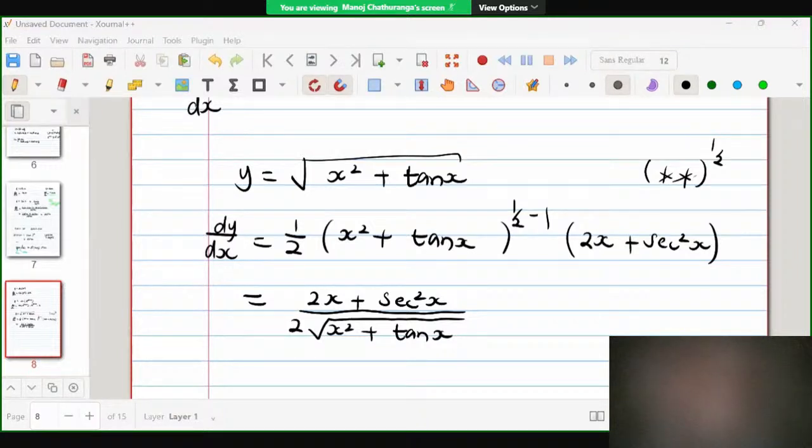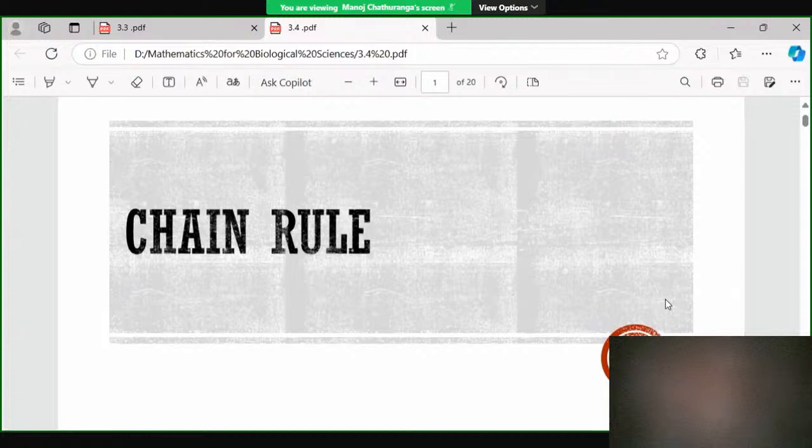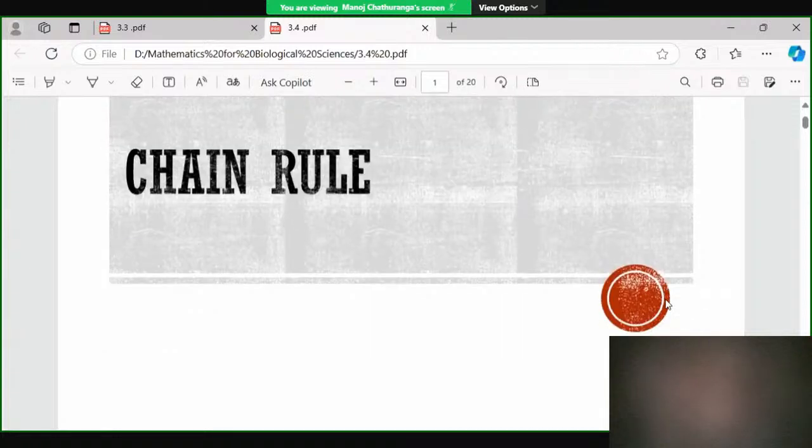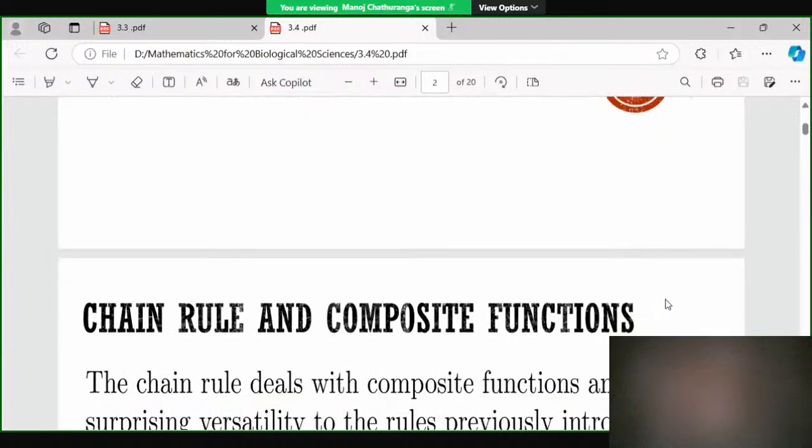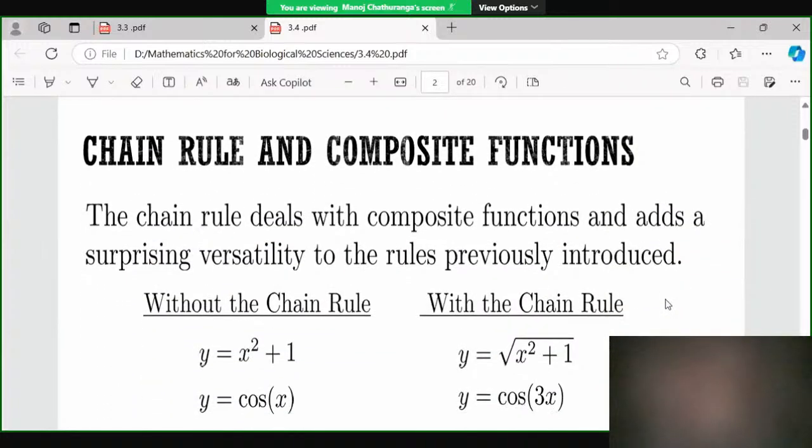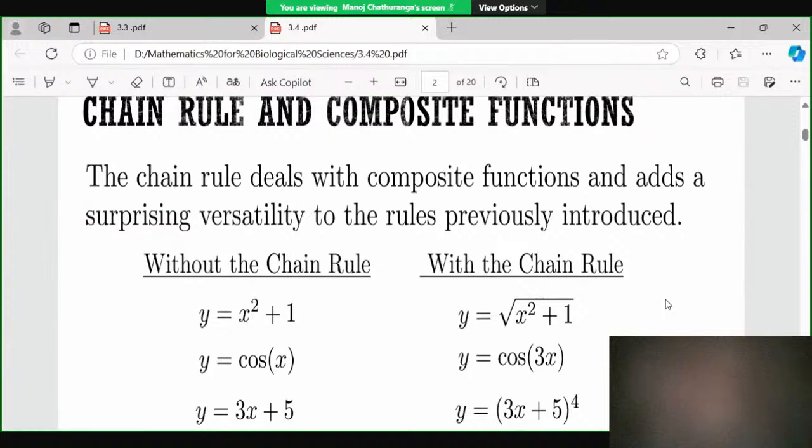Next, let's look at the notes. Chain rule. Already I introduced you to the chain rule. Chain rule is how we differentiate a composition of two functions. So let's read what it says. The chain rule and composite functions. The chain rule deals with composite functions and adds a surprising versatility to the rules previously introduced.